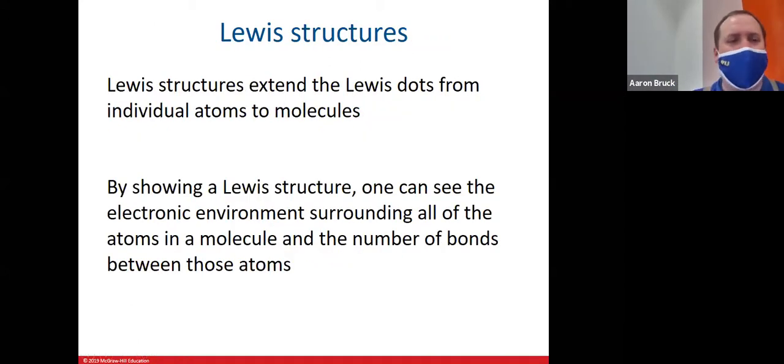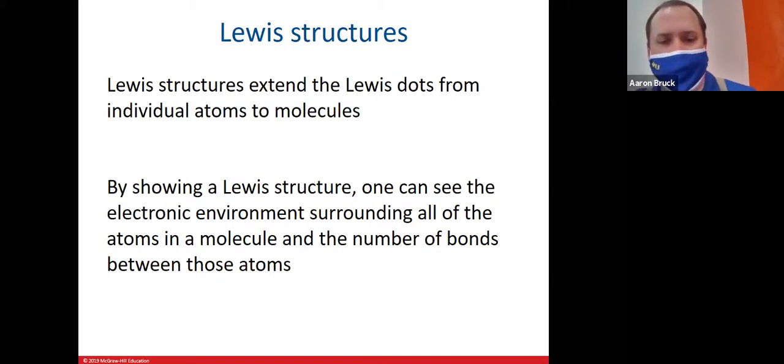So how do we bridge? How do we go from Lewis dots, individual atoms with the dots around them, to Lewis structures where we have molecules that consist of all of these atoms tied together with these bonds? Well, one of the reasons why we do it is to get an idea of what the electronic environment is around a particular substance.